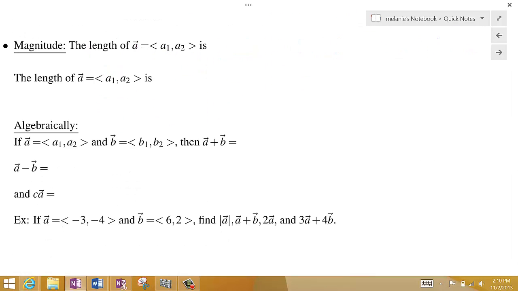Two things to define a vector: magnitude and direction. So what is magnitude? It's simply the length of a vector. So the length of A, written in component form as A1, A2, is the square root of A1 squared plus A2 squared. We can think about why that would be true.